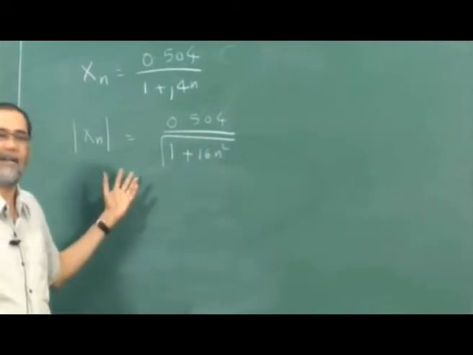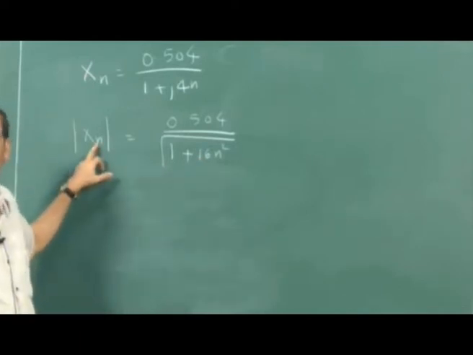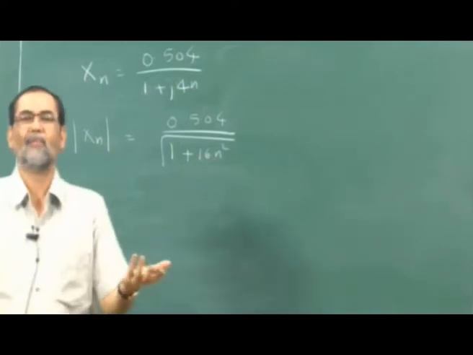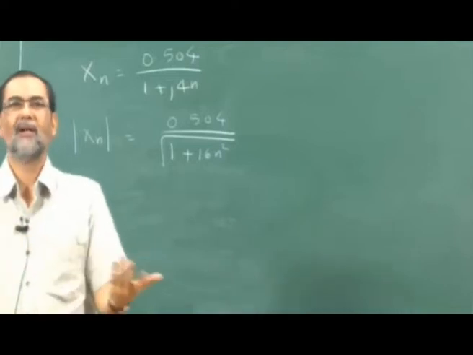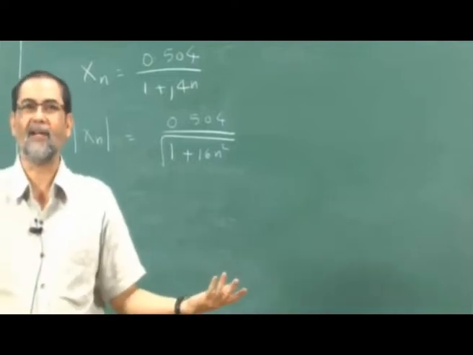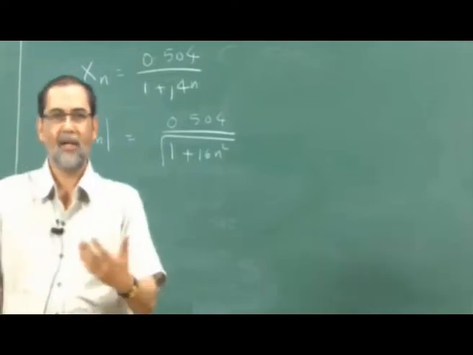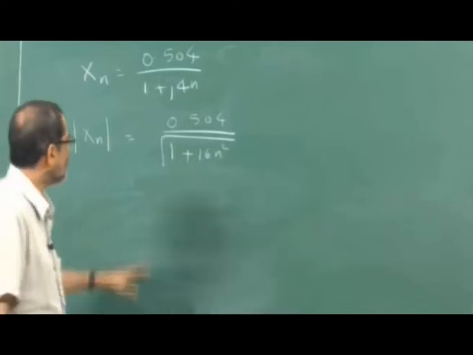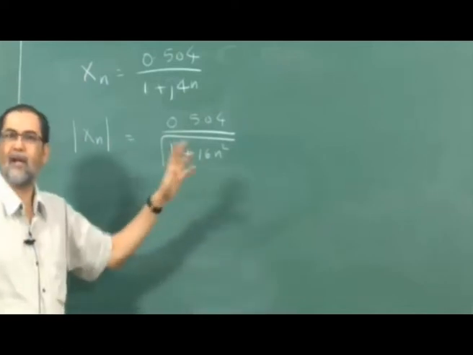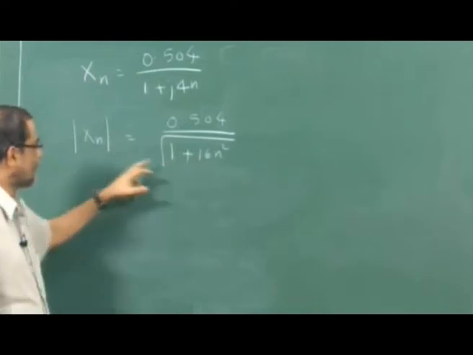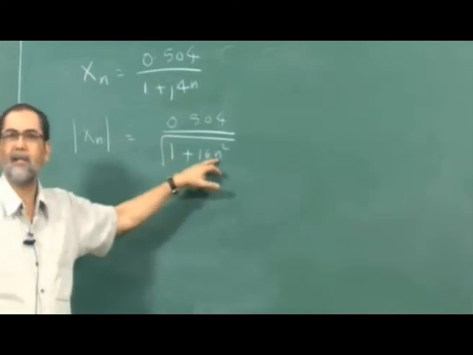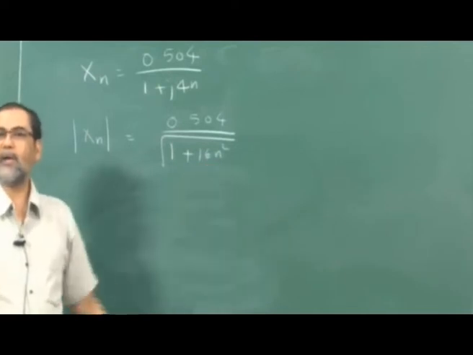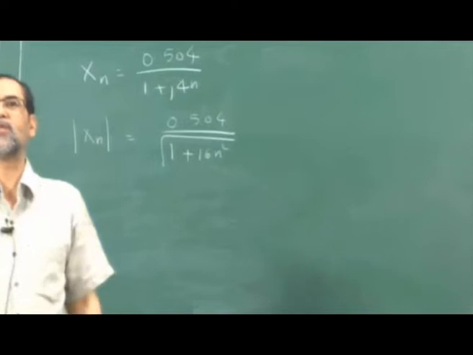From here it's clear that whether n takes positive or negative value, because I have n square here, it doesn't matter. Whether n is minus 1 or plus 1, n square is independent of the sign. n is 2 or minus 2, n square removes the effect of the sign, and so on. That's one explanation I want you to see. And the second explanation is, when n is, let's say, 4 or greater, n square is already 16, and 16 into 16 is 256.